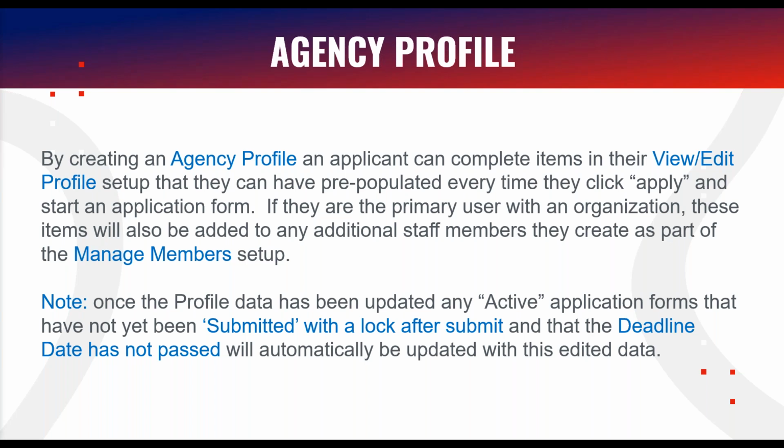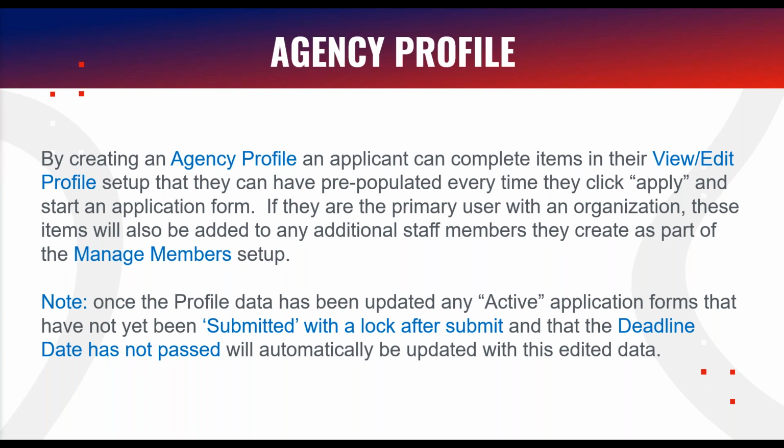And it allows the organization to have key fields that are identifying to that organization that a primary user can go in and update. And when they update that agency profile, that will update all of the active applications that are currently pending submission, that have not been submitted, and that are in applications that the due date has not passed.